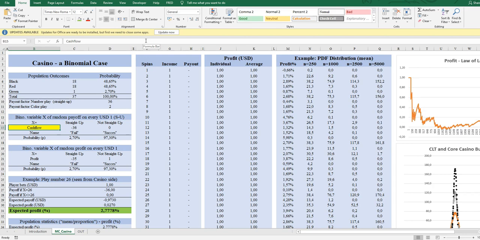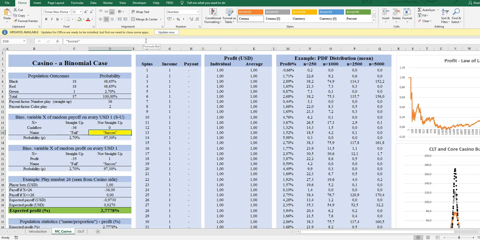Seen from the casino side, we have a fail if there is a straight up hit. That's one outcome. And the other outcome is if there is not a straight up hit. This is a success seen from the casino, obviously.